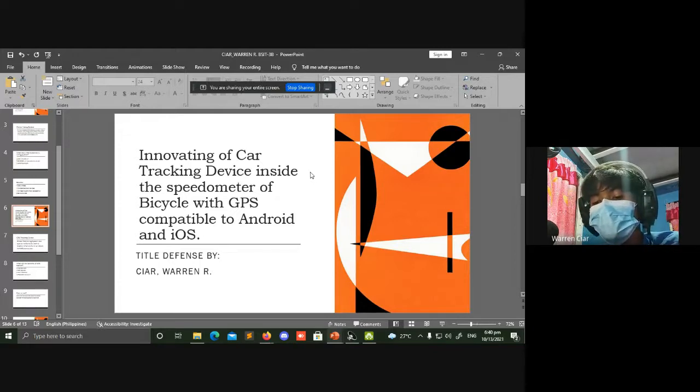So why did I choose this title? It's because I am a cyclist, and I heard a lot of news regarding cyclists losing their bicycles. That's why this idea came to my mind, and this study helps to provide the safety of a cyclist and to take advantage of this new idea to make a new system.